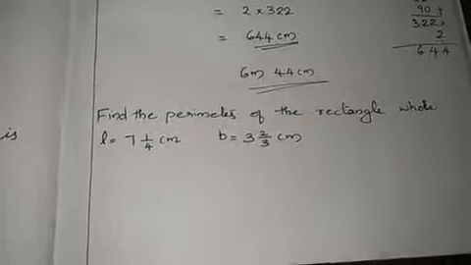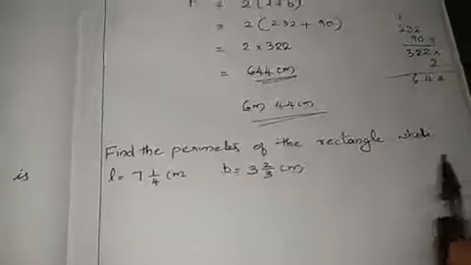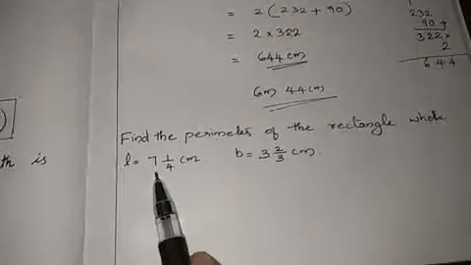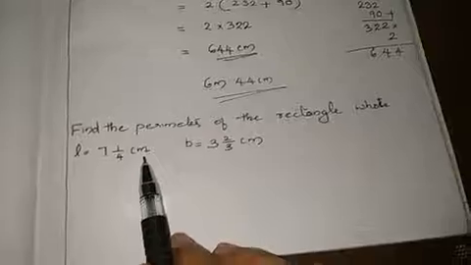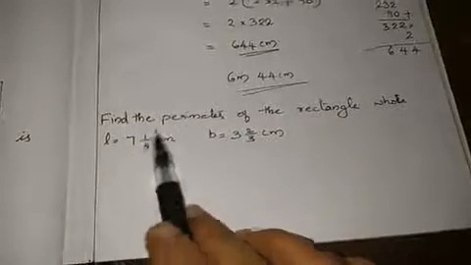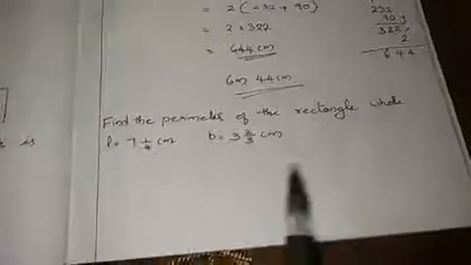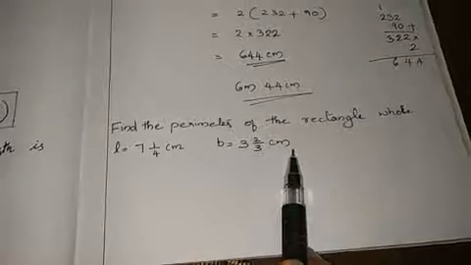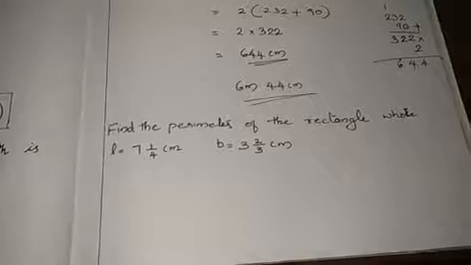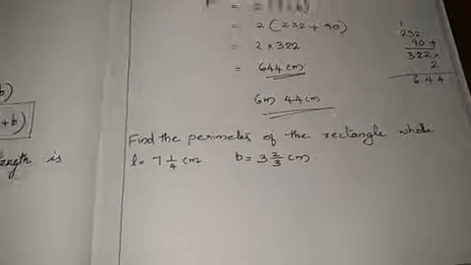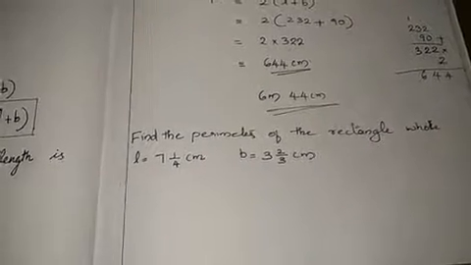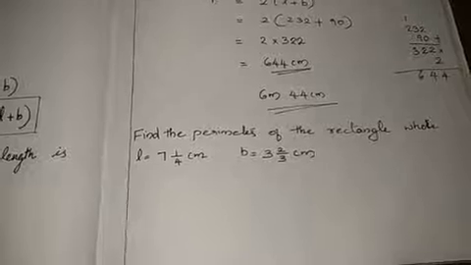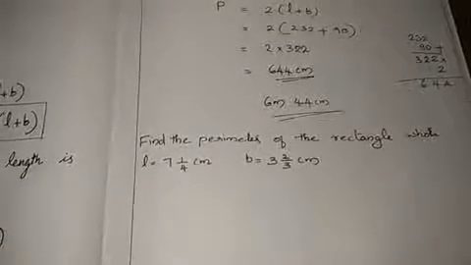Find the perimeter of the rectangle whose length is equal to 7 1 by 4 centimeter. Mixed fraction 7 1 by 4. Now breadth is equal to 3 2 by 3 centimeter. That is also a mixed fraction. We have studied how to add the mixed fraction and how to operate the mixed fraction.